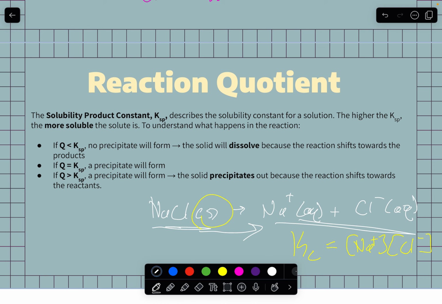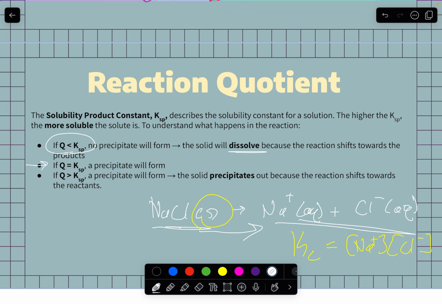So your Kc expression is just your products when you have that solid. All right. So if you have a Ksp and you find your Q value, like we just did, if Q is less than Ksp, it will dissolve. That means if Q is less than K, you're going more towards the products, so you're going to be dissolving your reactant.